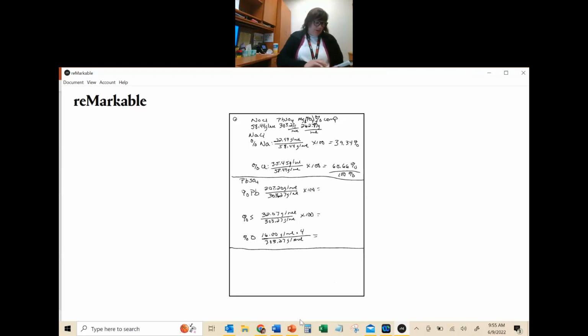And let's see what we get here. So we'll start at the beginning, 207.20 divided by 303.27, and then multiply that by 100. That gives me 68.32%. We then do the 32.07 divided by 303.27, multiply that by 100.